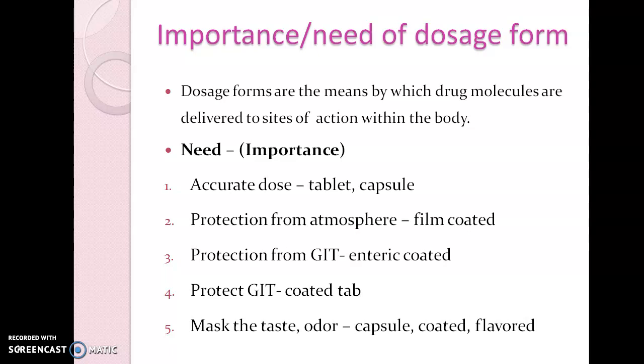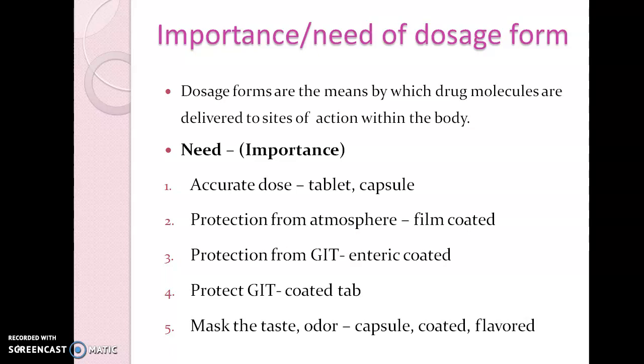Next, protect the GIT. Due to the physicochemical properties of drugs, some drugs are also harmful to the GIT. Many times they cause ulcers due to their high range of pH, and because of that we again need coating of the drugs so that they will remain intact in our dosage forms and get released at the particular site of action only, and thus the GIT will be protected.